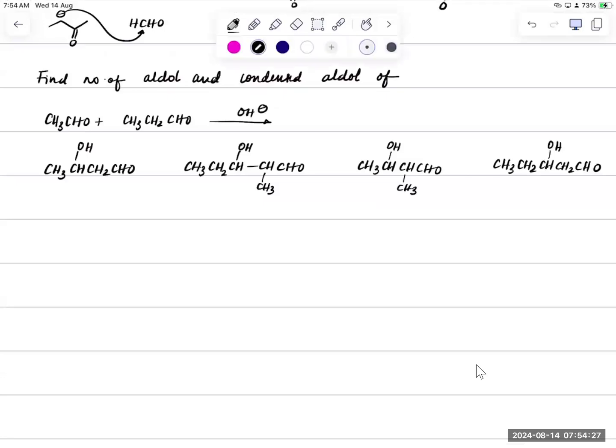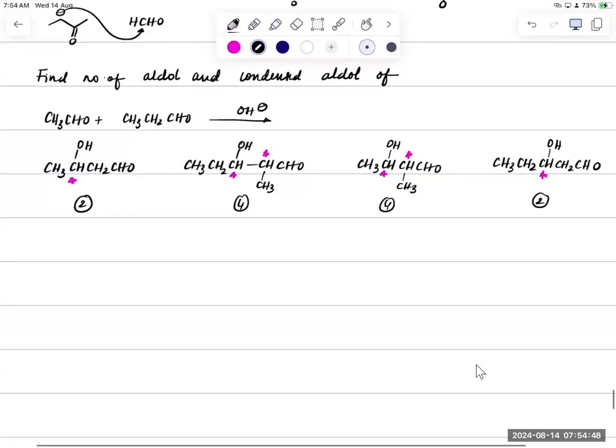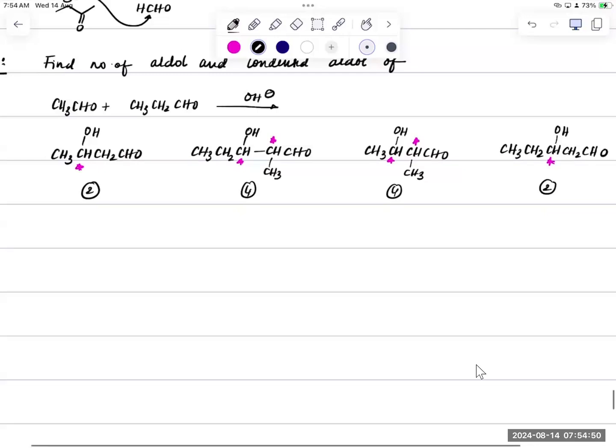Check out if there are any chiral centers here. So there is a chiral center here, chiral center here, chiral center here, here, here, and here. Which makes it two compounds here, four here, four here, and two here. So total 12 different types of aldols are formed. Now taking these aldols and making them into an alkene, that will become a condensed aldol.